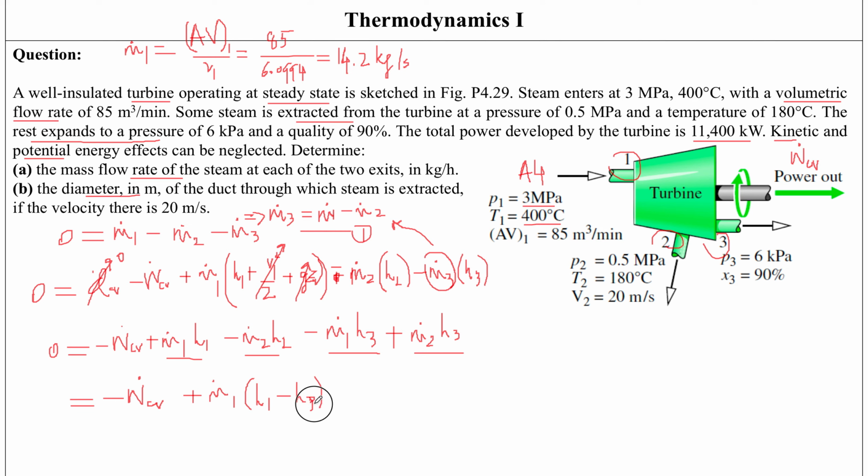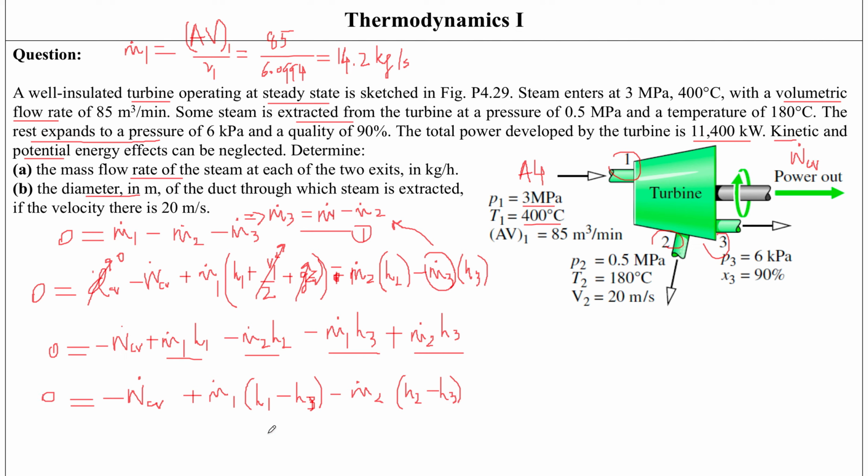This is 3, minus m dot 2 into h2 minus h3. Okay, this is equal to 0.